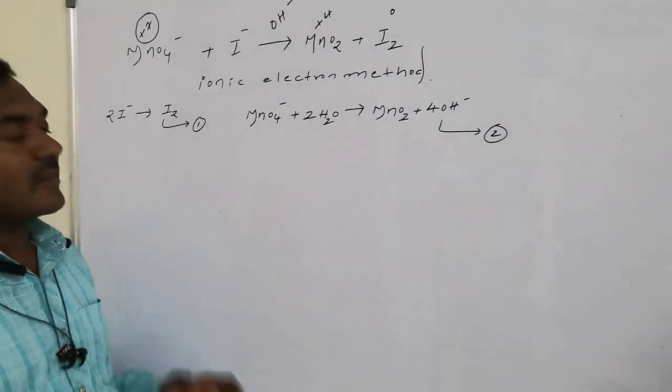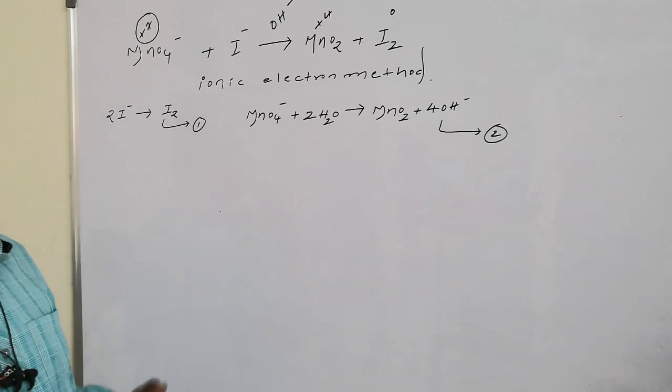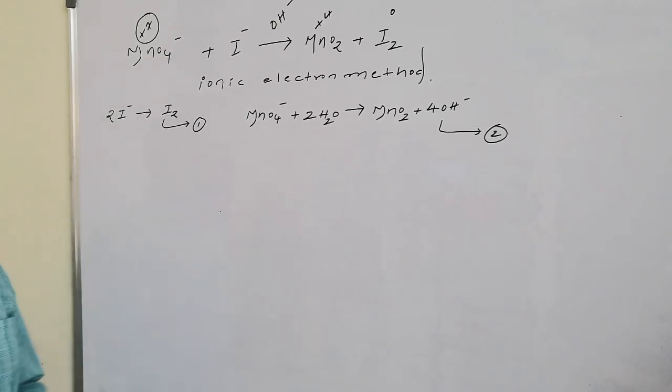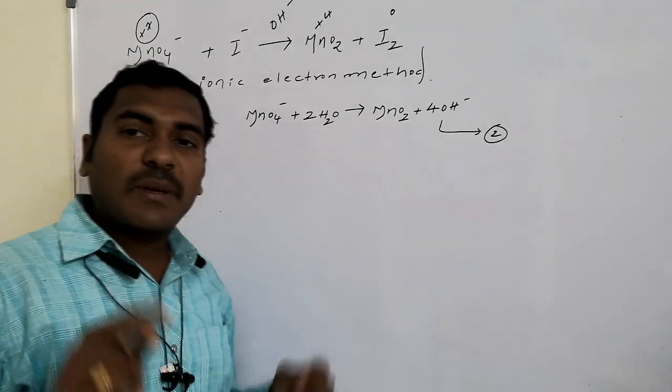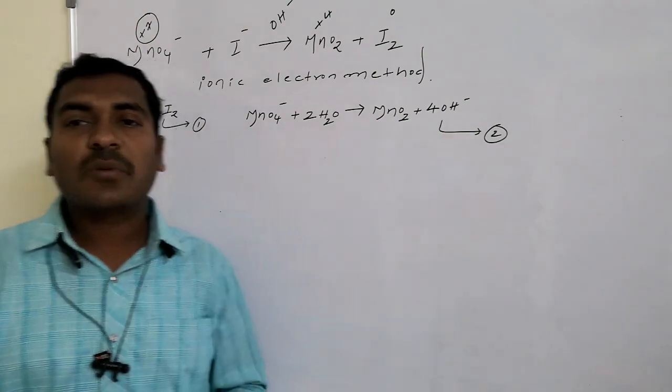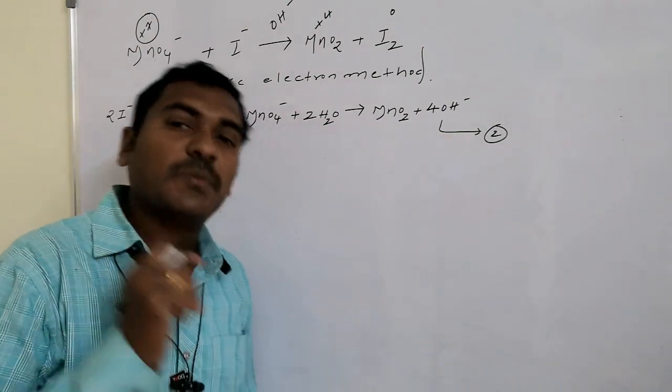Writing these independent equations on the board: 2I minus is converted to I2 as equation number 1. Similarly, MnO4 minus plus 2H2O is converted to MnO2 followed by 4OH minus as equation number 2.